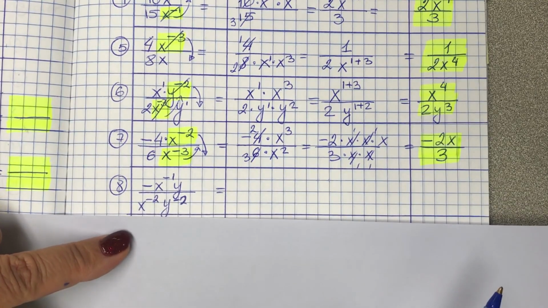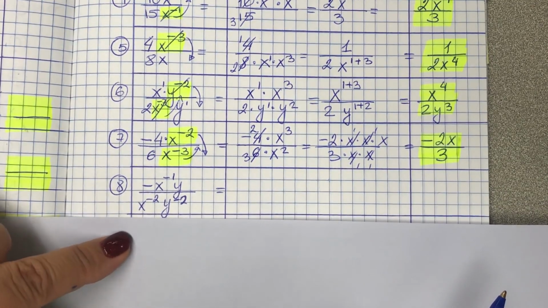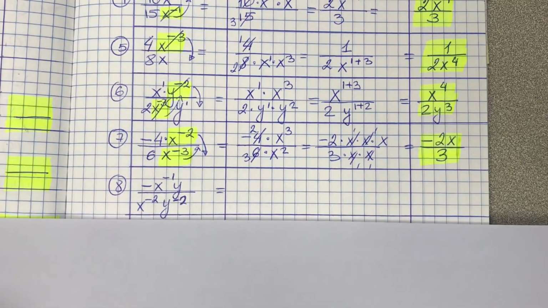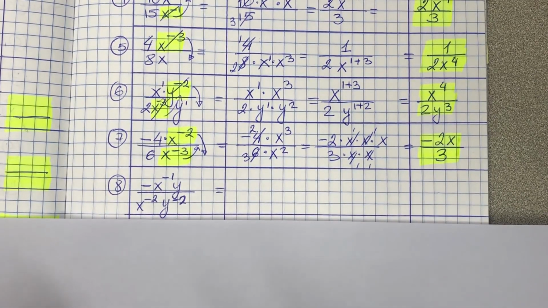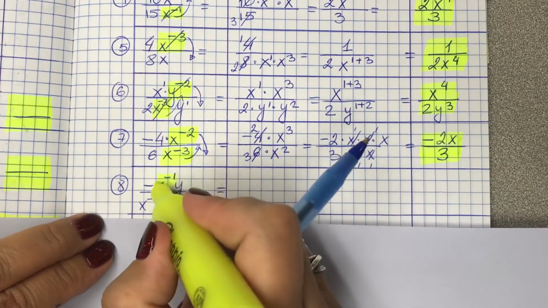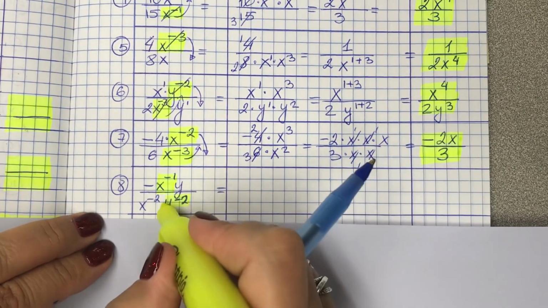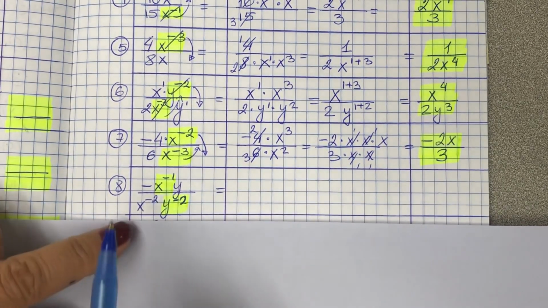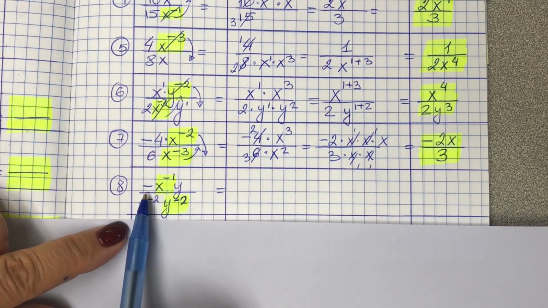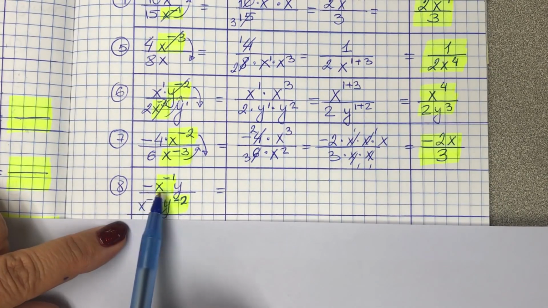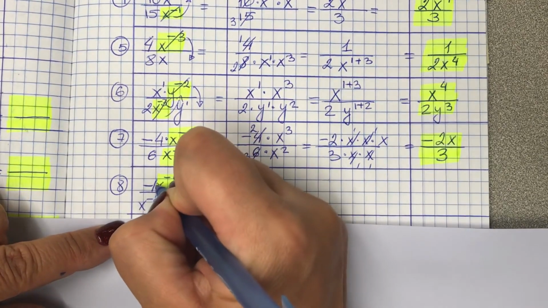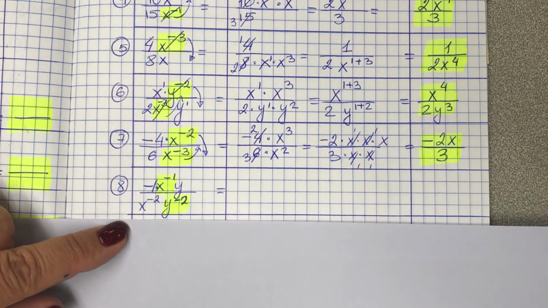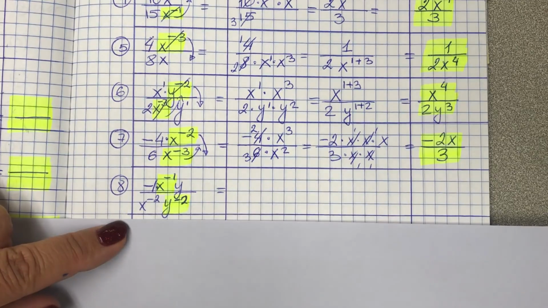Let's see another one with two variables like this. First, identify the negative exponents. Negative exponents are x to the negative 1 and y to the negative 2. How about this negative? That one is not for x. That one is a negative 1, which is a base that is a number, or the hidden coefficient, negative 1.